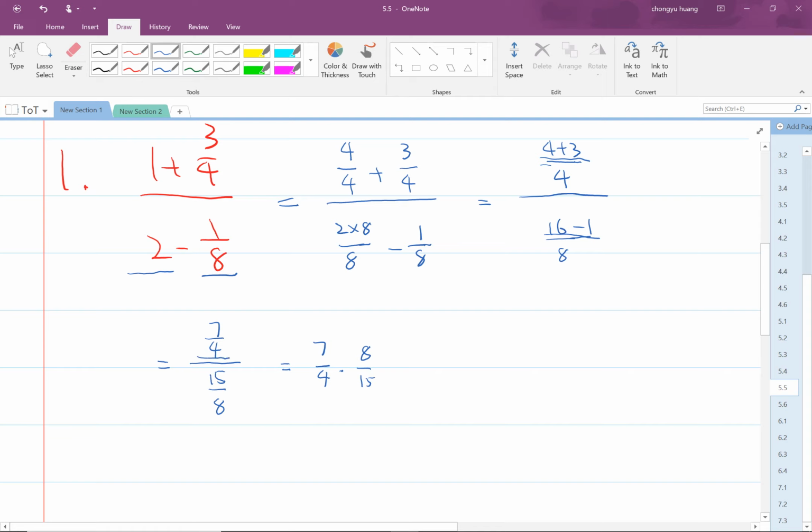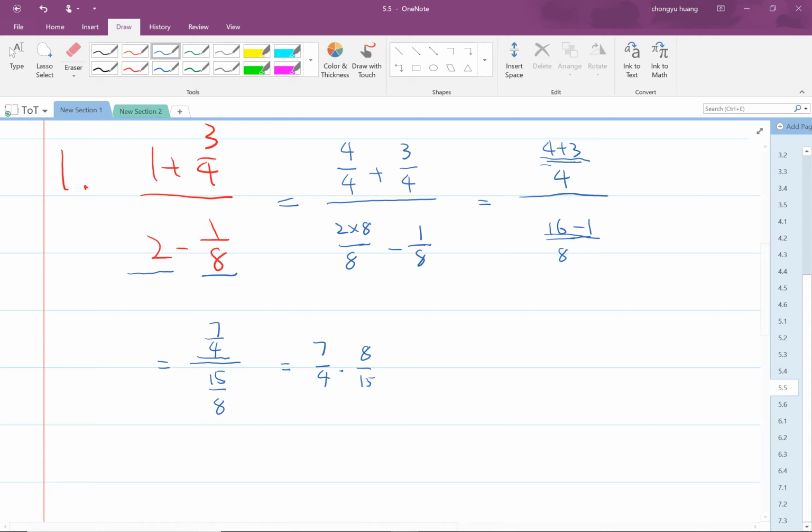Everyone understands it, right? So you have something over something, so you basically put 7 over 4 on the right hand side, and then since over here we have division, we have to flip it to do multiplication, right?